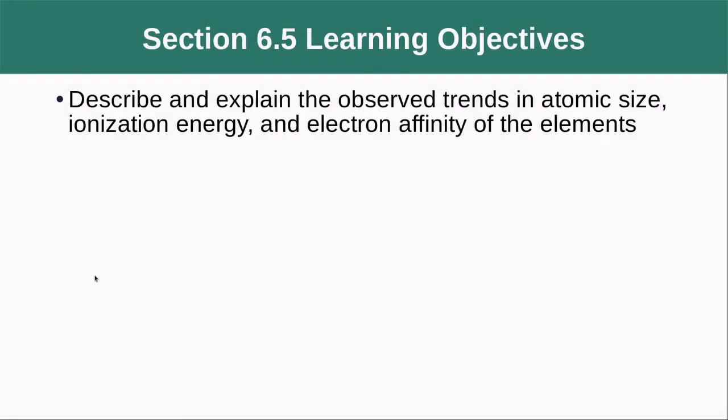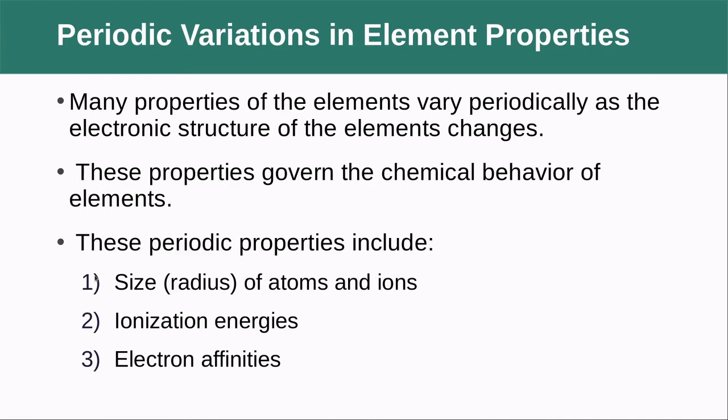Section 6.5. We're going to describe and explain the observed trends in atomic size, ionization energy, and electron affinity of the elements. So many properties of elements vary periodically as the electronic structure of the elements changes. We've seen this from chapter 2, and we kind of reiterated it in the last chapter.